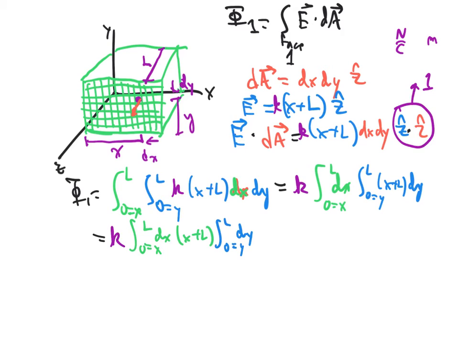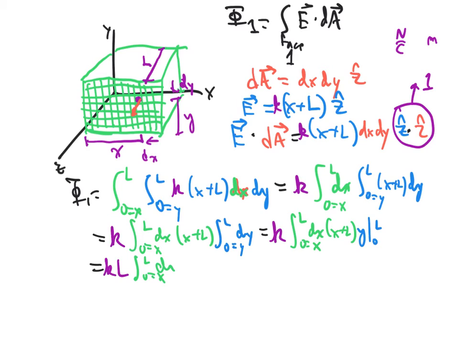So I can say, okay, bring the constant out front again, deal with our integral from 0 to L dx of x plus L, and then this is just y evaluated from 0 to L, which is just L, and that will come out front as well. So now I have kL out front, and I have the integral for x of dx times x plus L, which is the integral of something of x plus a constant.